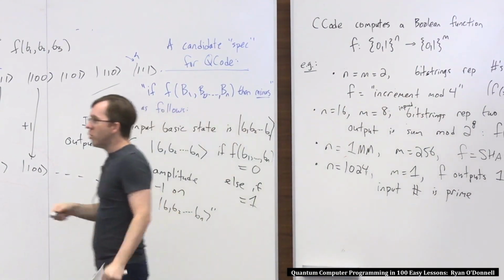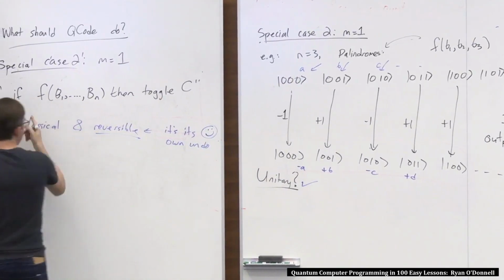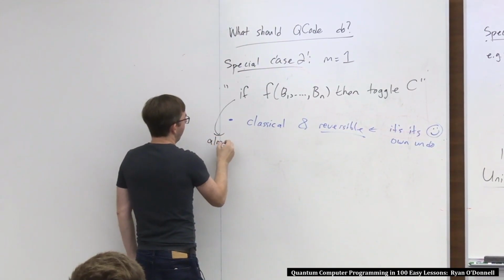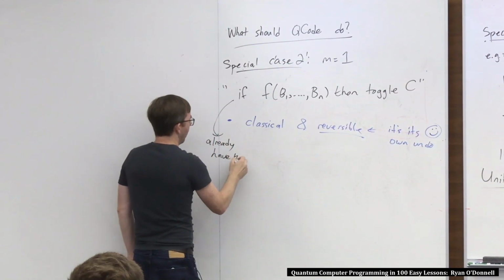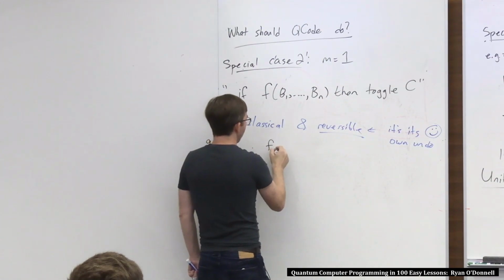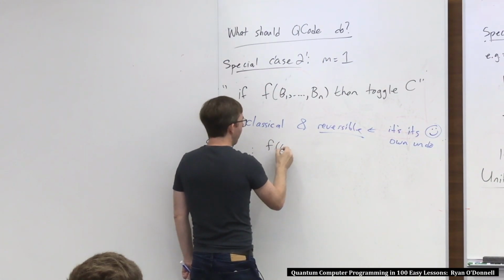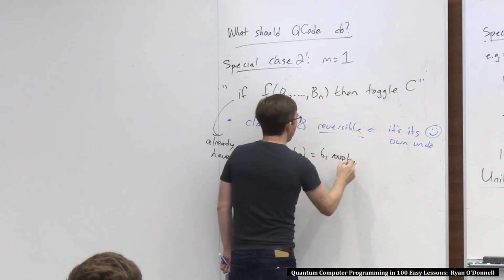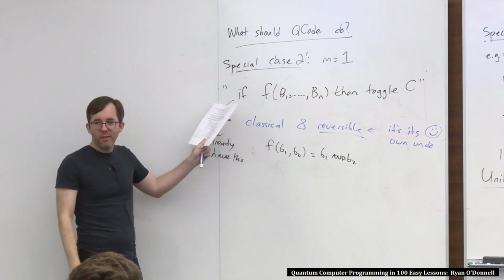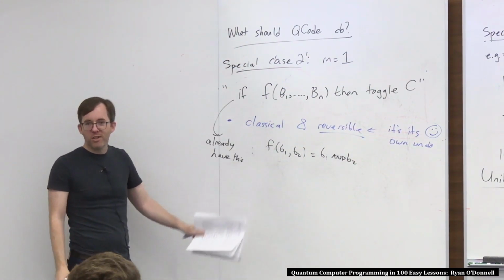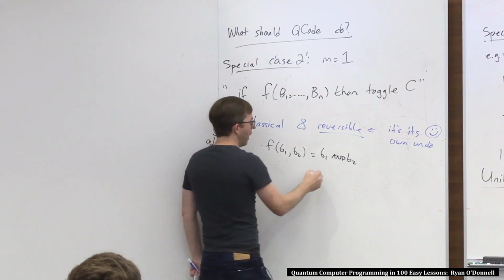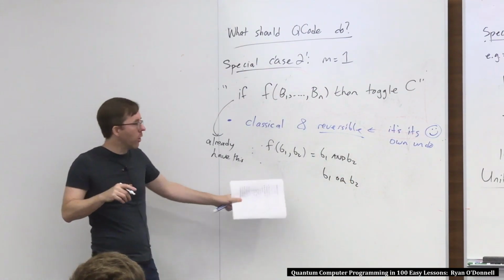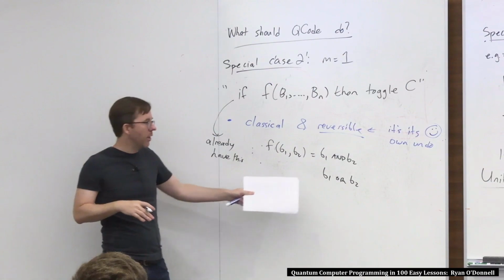And I just want to notice we've encountered this before, actually. We already have this in many cases. When f of b1, b2 is b1 and b2, then it's literally the if b1 and b2 then toggle c instruction. And when it's b1 or b2, I didn't give you that as a pseudocode instruction, but on homework 1, question 1, I asked you to program this for yourself.